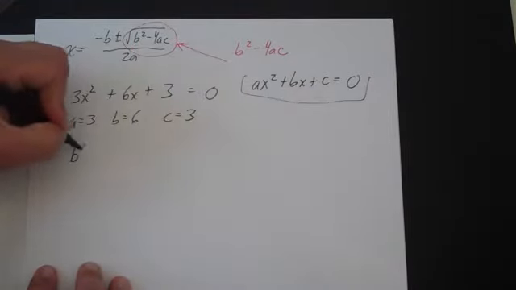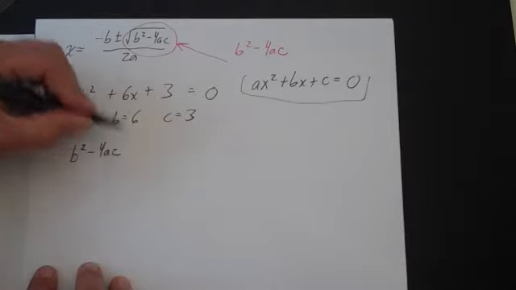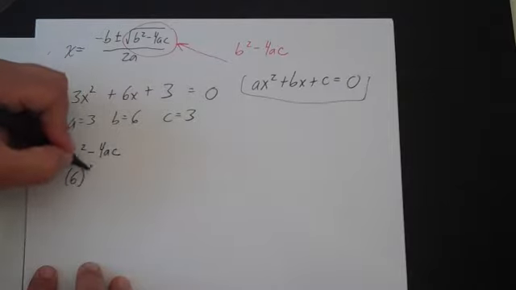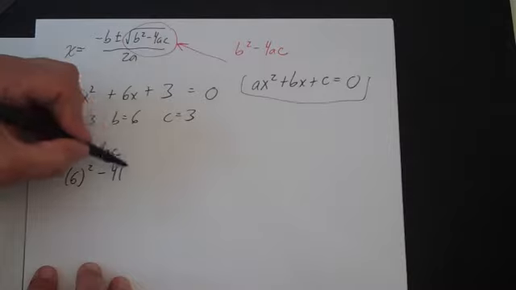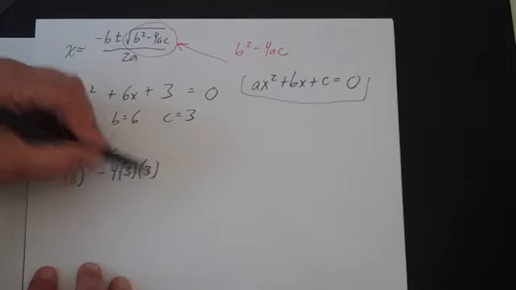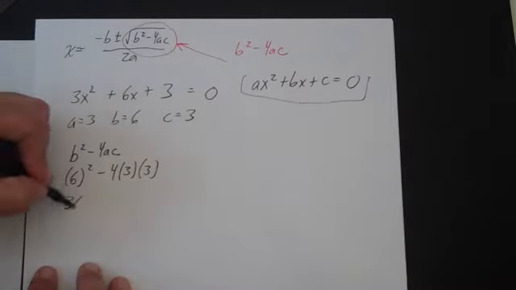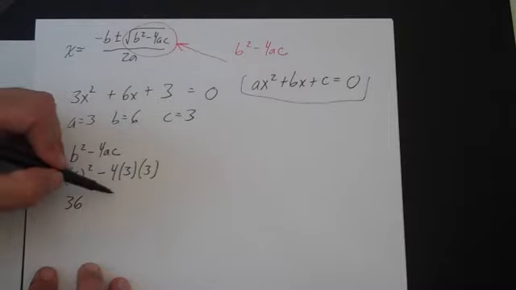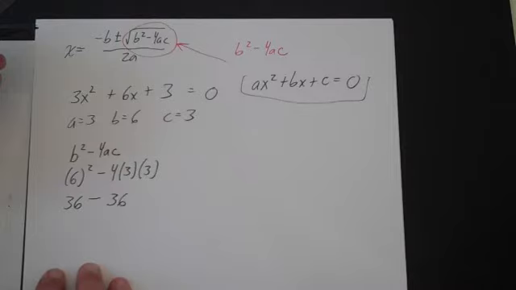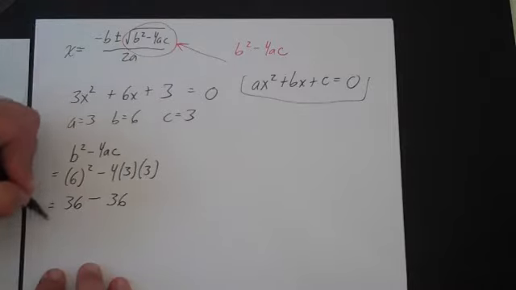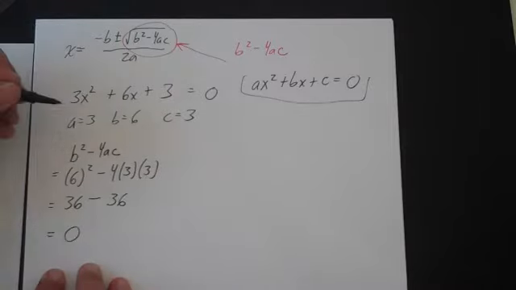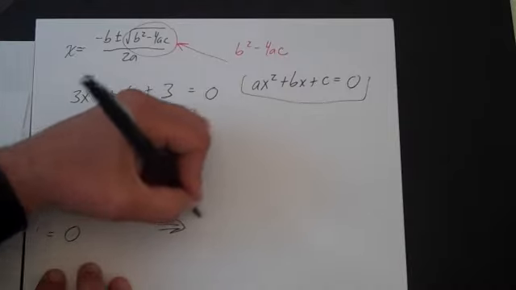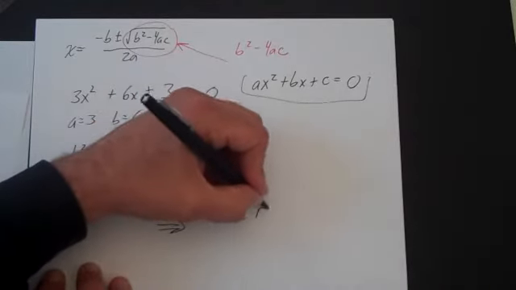The discriminant is b squared minus 4ac, which is 6 squared minus 4 times 3 times 3. 6 squared is 36. 3 times 3 is 9, 4 times 9 is 36, so you get 36 minus 36. 36 minus 36 is 0. 0 means there is exactly one real solution.